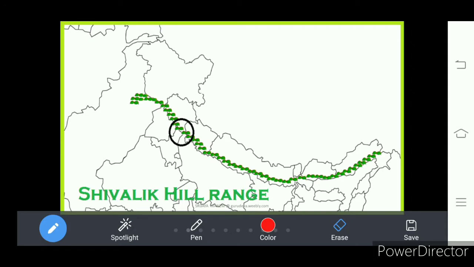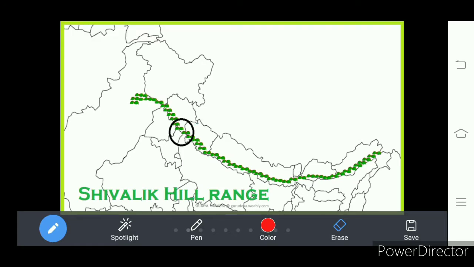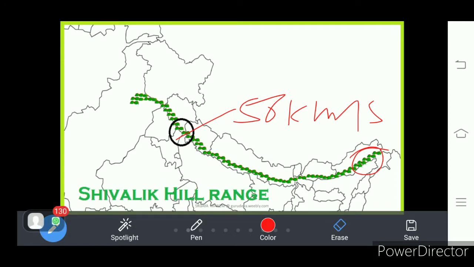And these Shiwaliks are 50 kilometers wide in Himachal Pradesh, and 15 kilometers wide in Arunachal Pradesh.